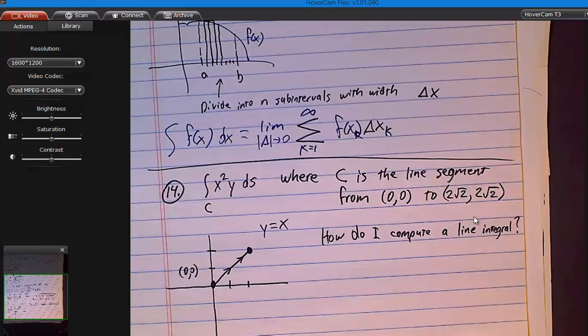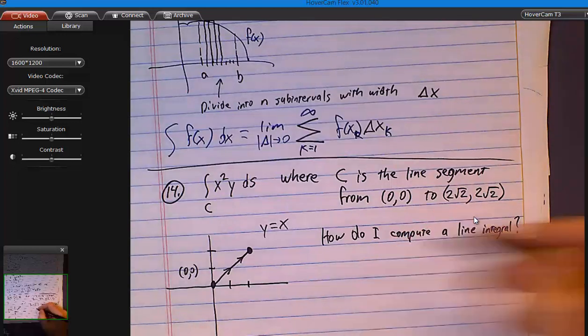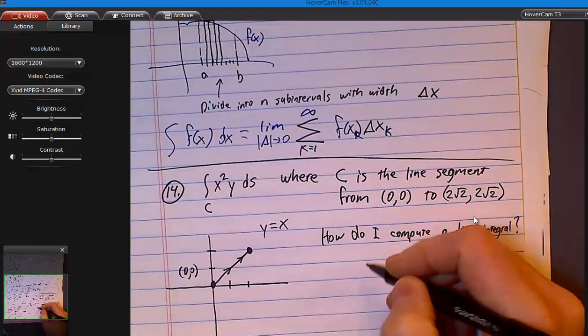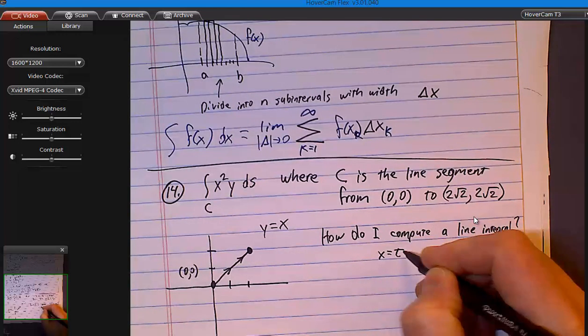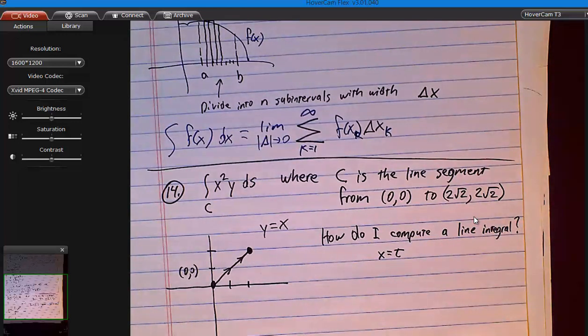You have your initial point, which in this case is 0, 0. And so what's it going to be? It's going to be x equals t times root 2 times 2, and then y would be the same as that.